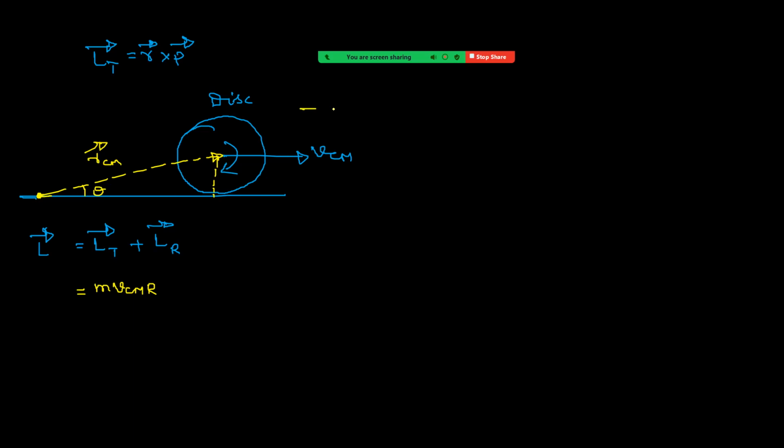Suppose you consider this is X and this is Y. Okay. That means the wheel, or you can say the disk, is now in the XY plane. Now angular momentum will be along the negative Z axis. See carefully, the thumb is now pointing inwards, normal to the plane of the board, into the board, right? It is minus k cap.